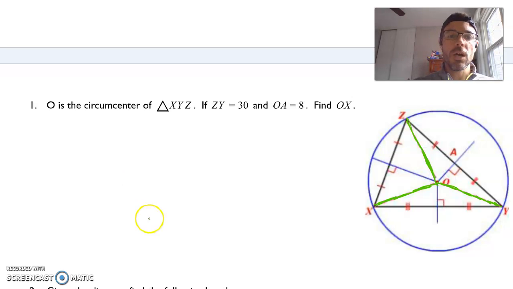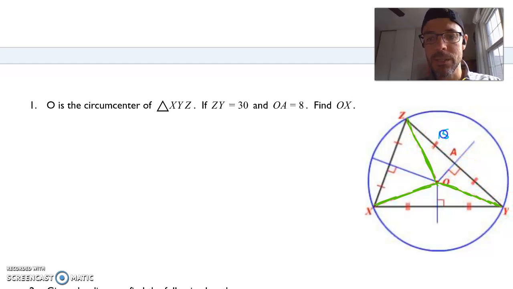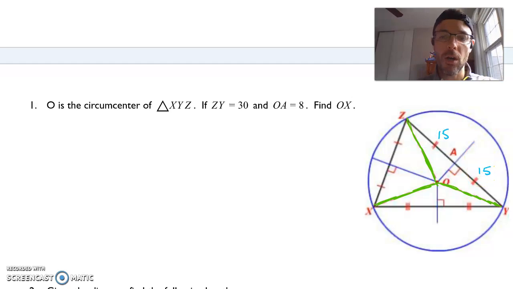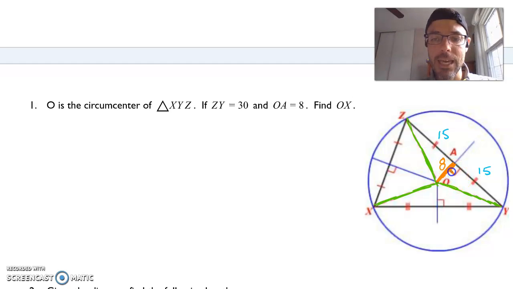From that, I'm going to now start labeling other things I know. I know that ZY is 30, but A is marked as the midpoint. Therefore, this must be a length of 15 and 15. And since OA, this piece here, is 8, and I know this is perpendicular, I want to find OX.